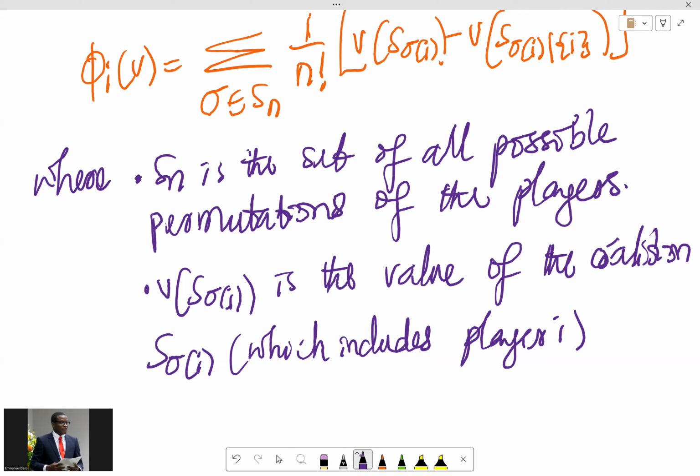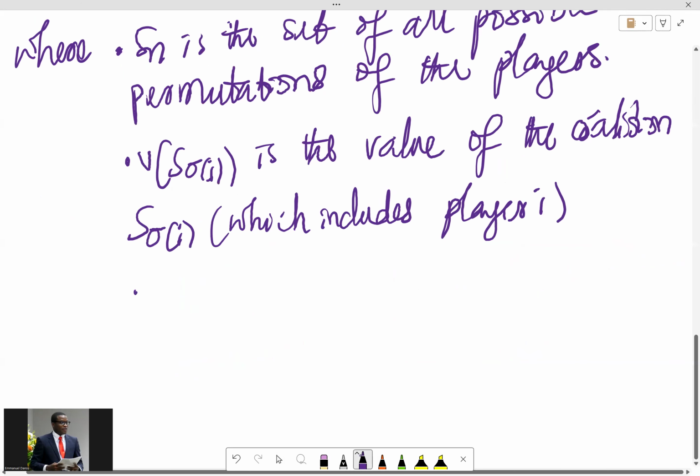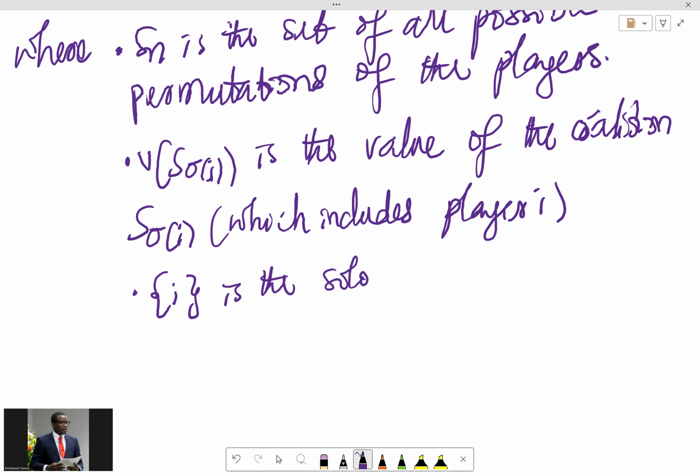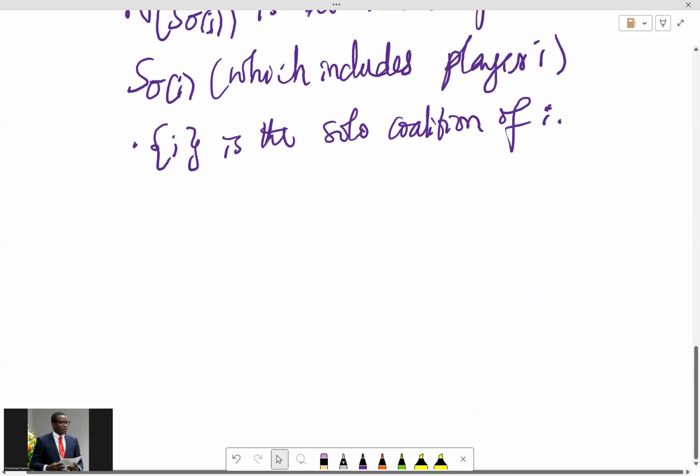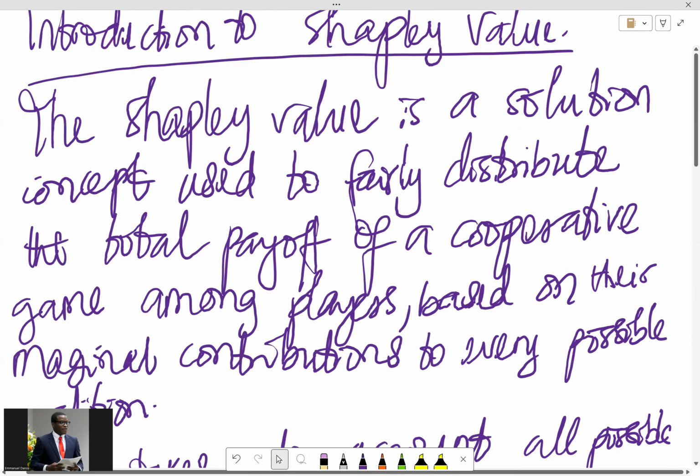Of course, it's clear that the i is the solo coalition of i, that means the set containing just the player i. That's all.